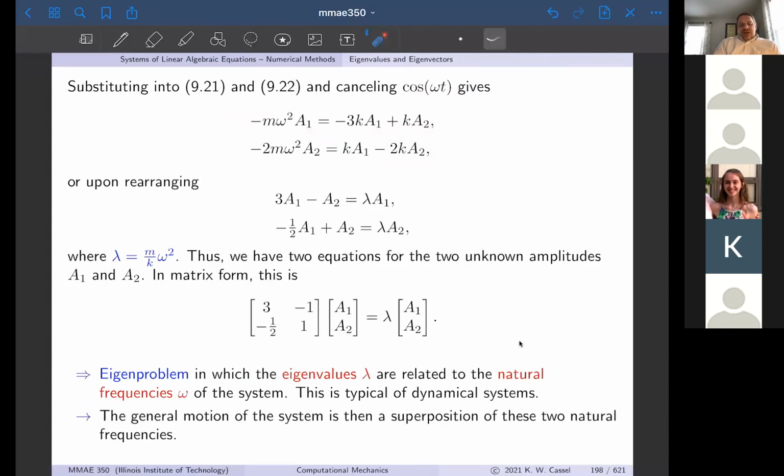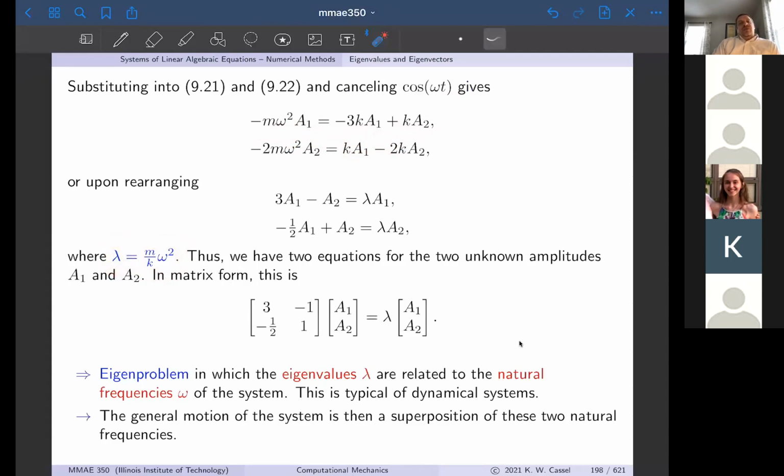I'm going to combine the m, the k, and the omega together. So you see an m omega squared here, and then k is over here. So I'm going to bring the k over to the left-hand side, and m omega squared over k, I'm going to call that, let's just pick some random Greek letter. Let's pick lambda.